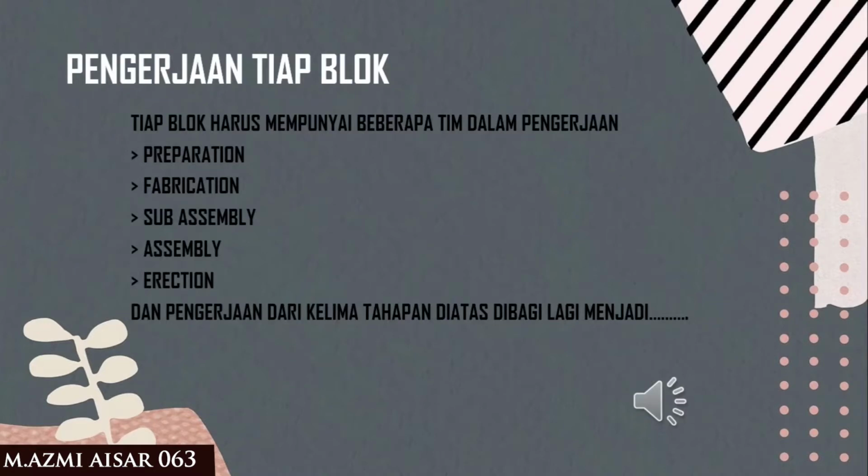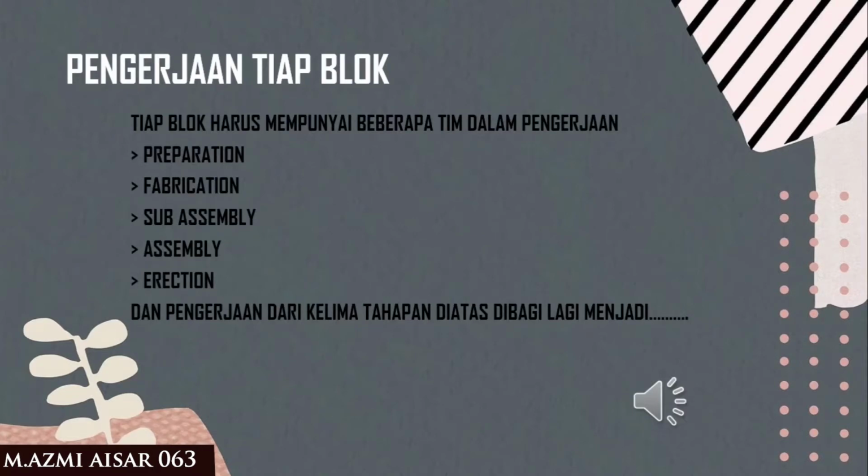Second is fabrication. Fabrication is a process carried out in a fabrication workshop that produces components for hull construction. The third is subassembly. Subassembly is the process of combining components from the fabrication workshop into small blocks. The fourth is assembly.